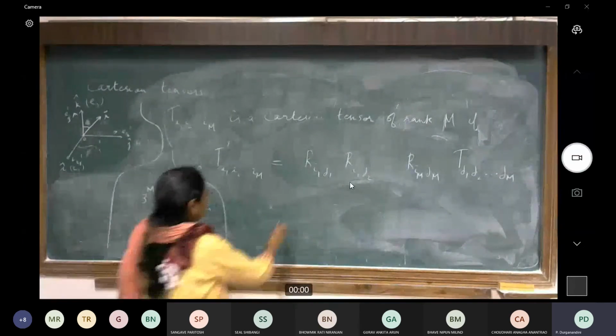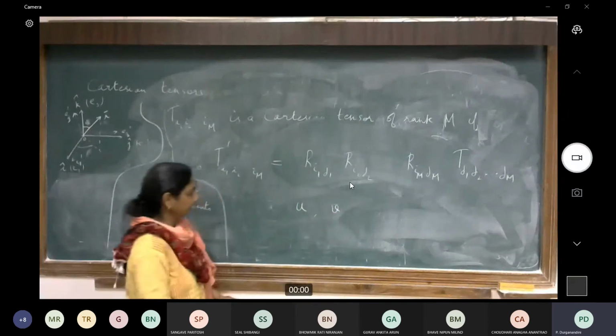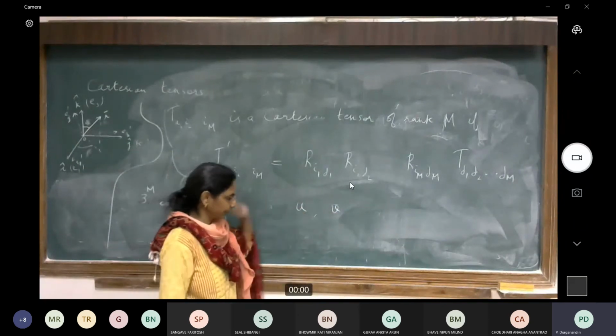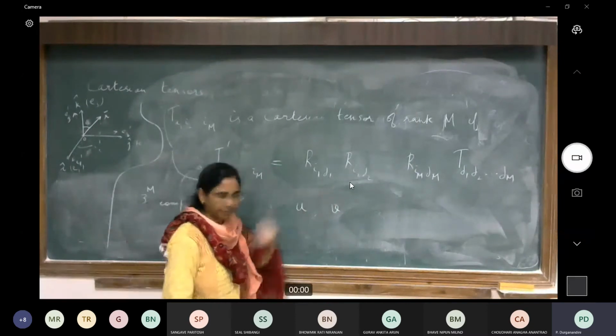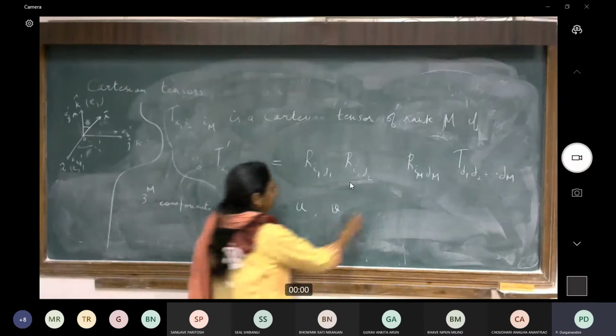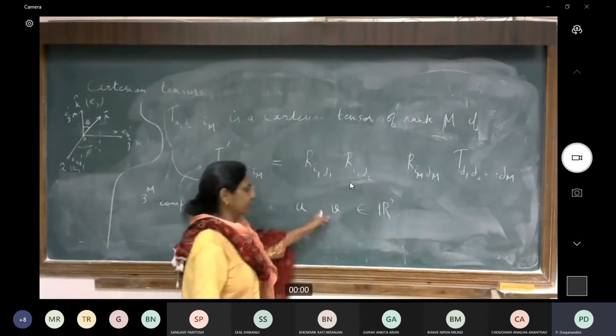Given 2 vectors, suppose I give you 2 vectors, u and v. You can see that I'm changing my notations as and when I please, but all of these are synonymous, because sometimes I will put the vector bar. So my u, v now are 2 arbitrary vectors belonging to R3. You know that I can add these 2 vectors.